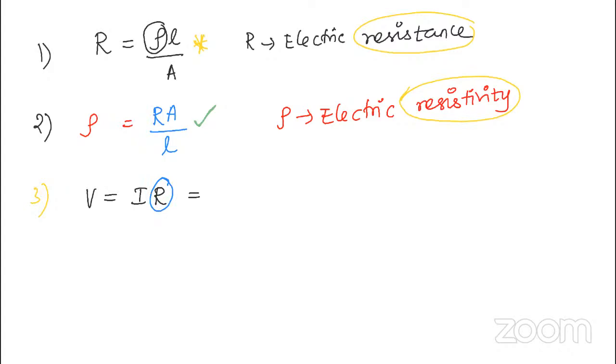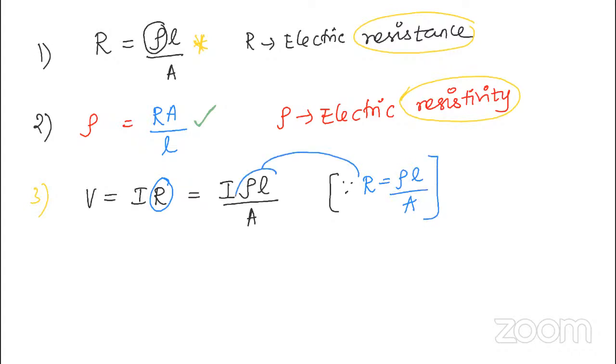The value of R is rho into L divided by A, and we substitute this value in place of R. So this is one more important expression.